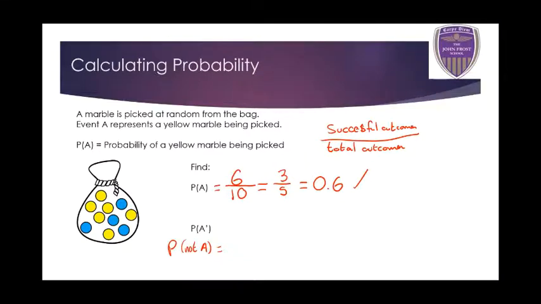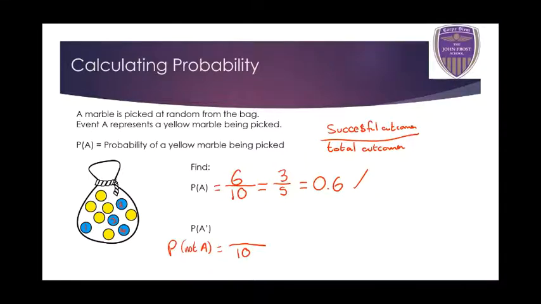Now, we're going to find the probability of not A. Okay, so again, successful outcomes over total outcomes. Well, we're dealing with the same bag of marbles, so there's still 10 marbles in there. But how many of those marbles are not yellow? Well, we're going to count the blue ones. 1, 2, 3, 4.